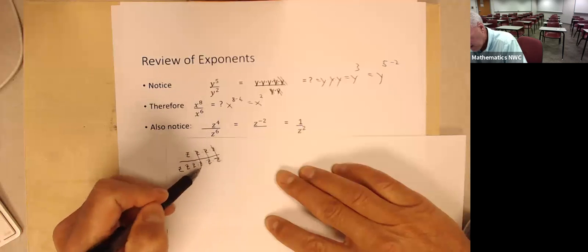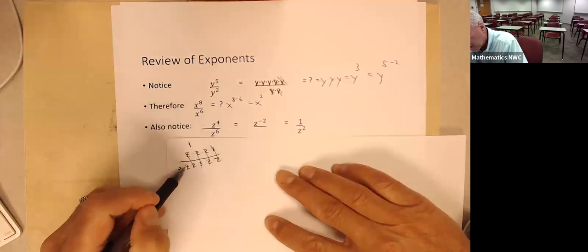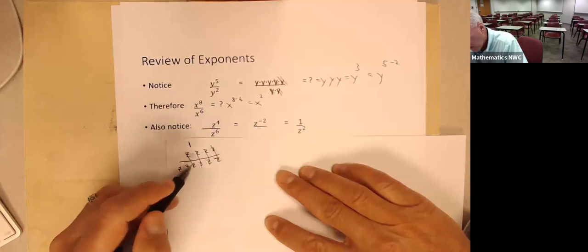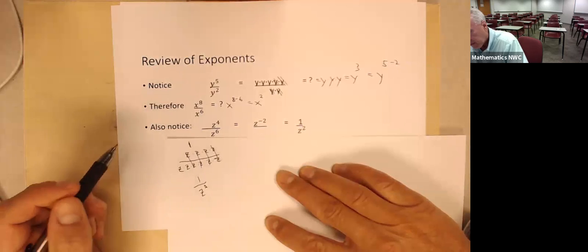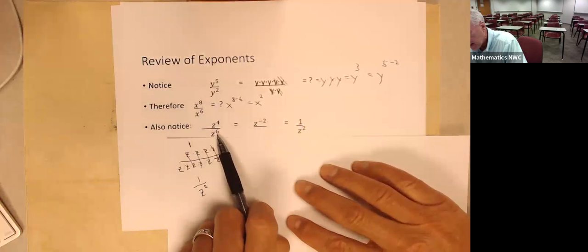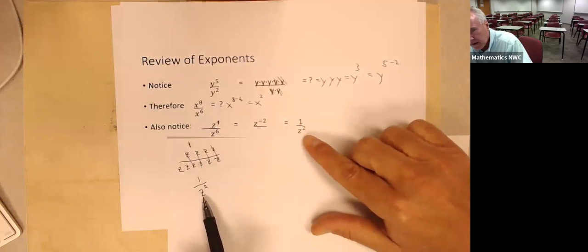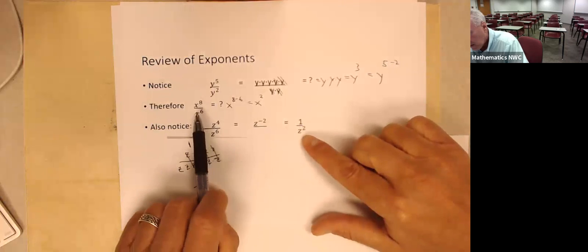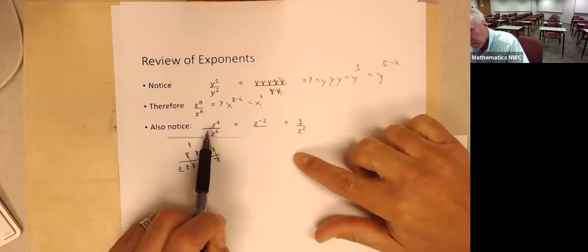These would all cancel, and I would have a 1 left up there and 2 z's. 1 over 2 z's really is 1 over z squared. That's why this z to the 4th over z to the 6th is really 1 over z squared. But also, if I follow my rule, 4 minus 6 is a negative 2.